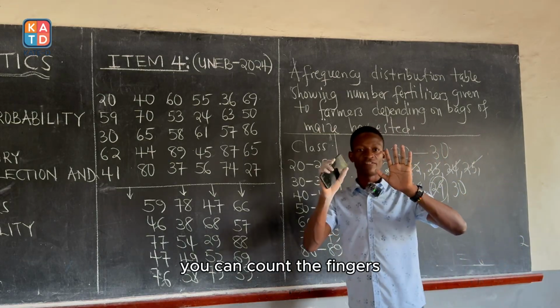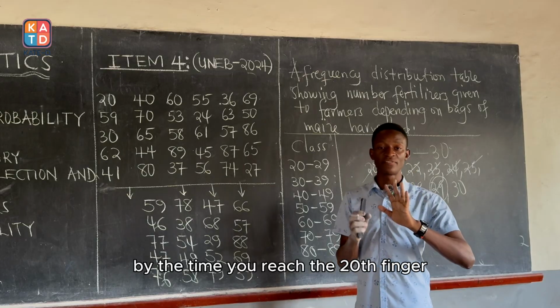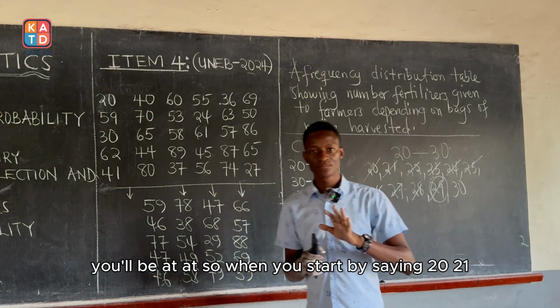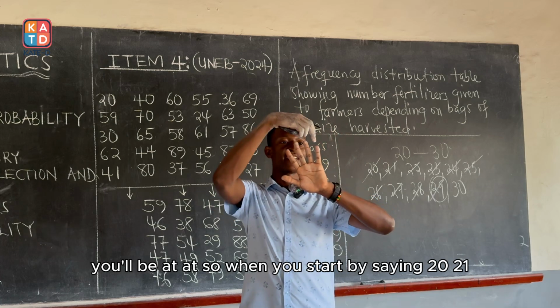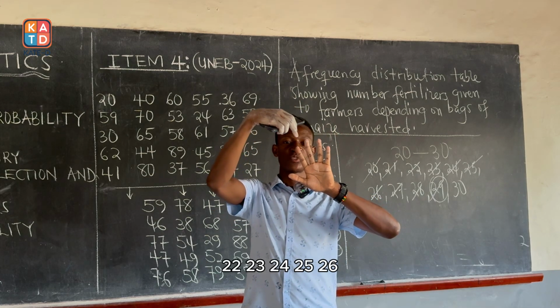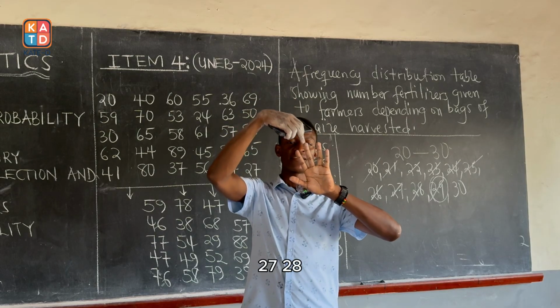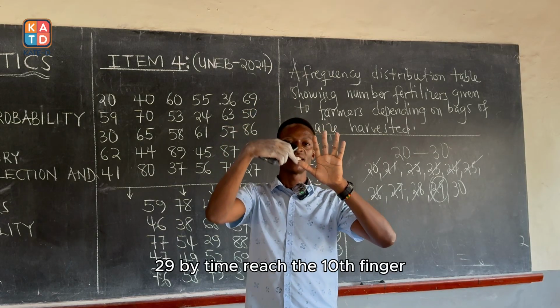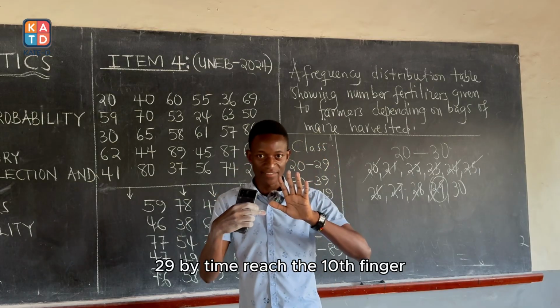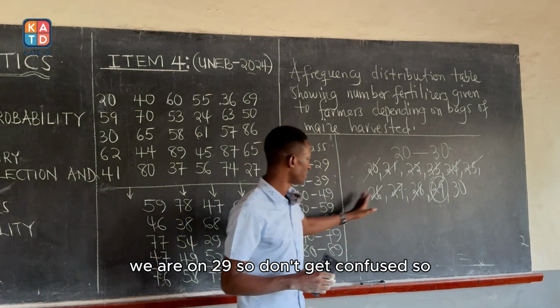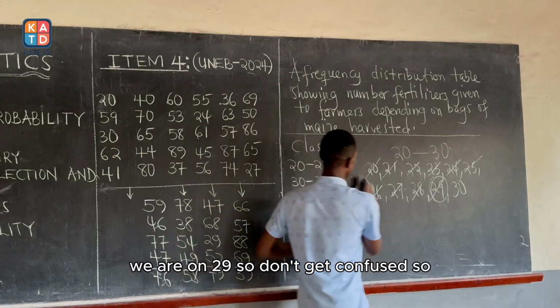You can count the fingers. By the time you reach the 10th finger, you'll be at 29. So when you start by saying 20, 21, 22, 23, 24, 25, 26, 27, 28, 29, by the time we reach the 10th finger, we are on 29. So don't get confused.